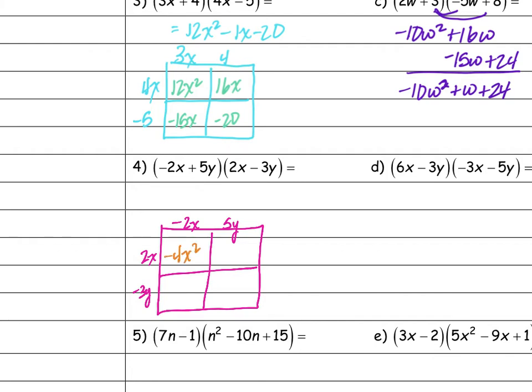And 2x times 5y is 10xy. And negative 2x times negative 3y would be 6xy. And negative 3 times 5y would be negative 15y squared. So I've got negative 4x squared plus 16xy minus 15y squared.